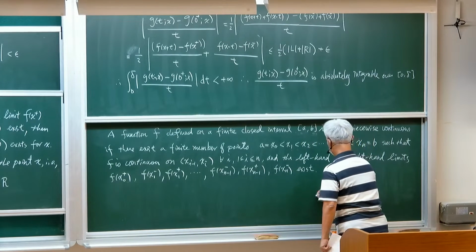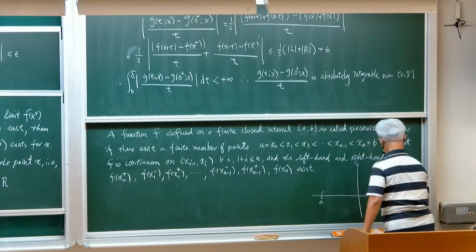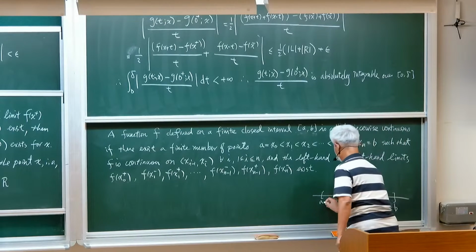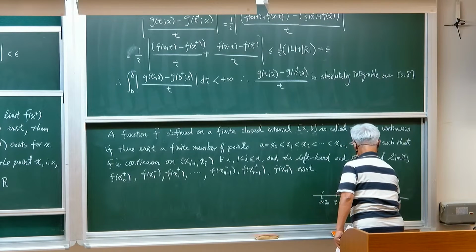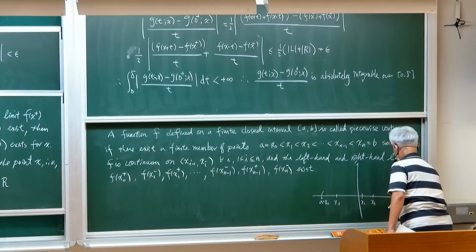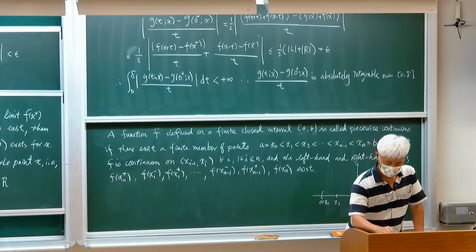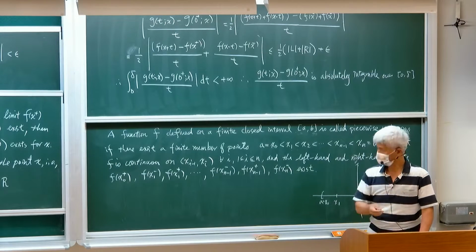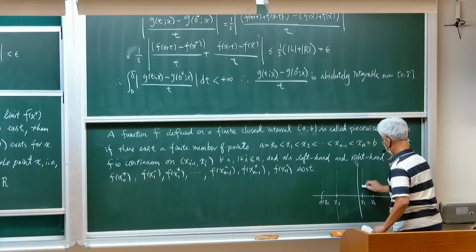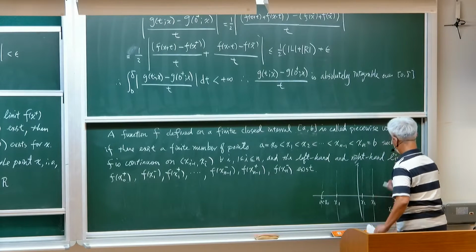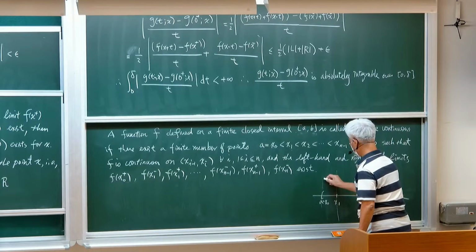So the idea is here. This is A, this is B. So A is equal to x0, then x1, x2, x3, and x4. Suppose that we have that. Okay, all right.